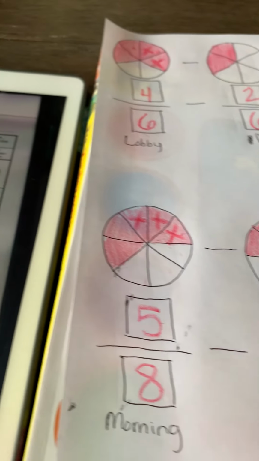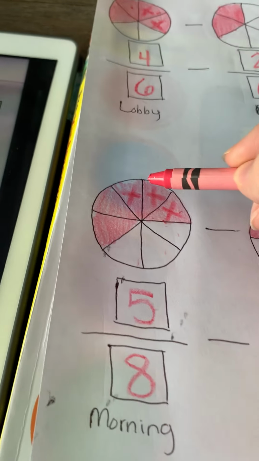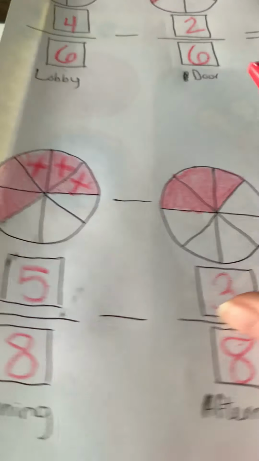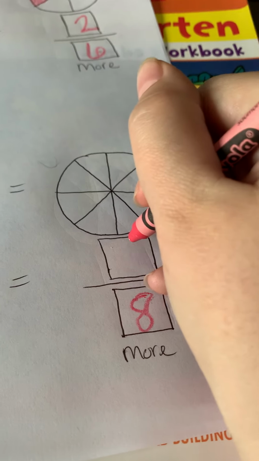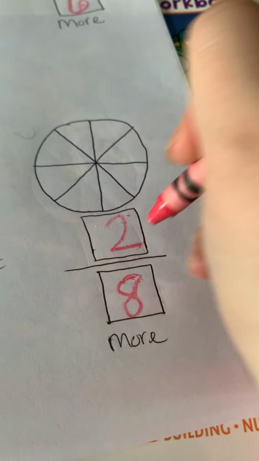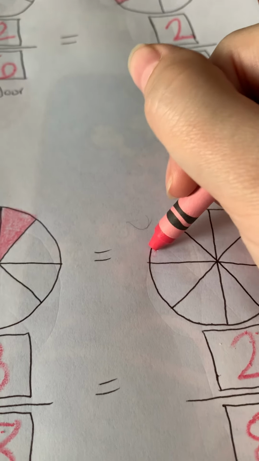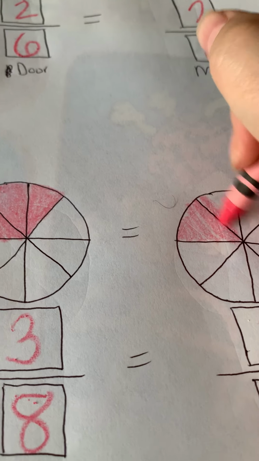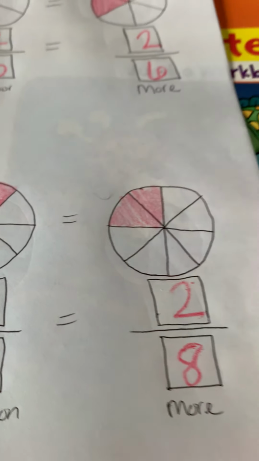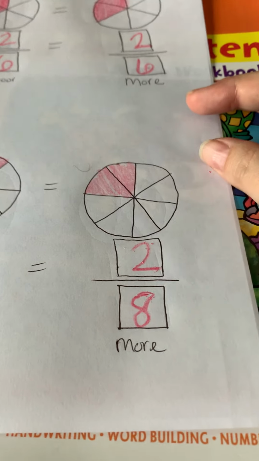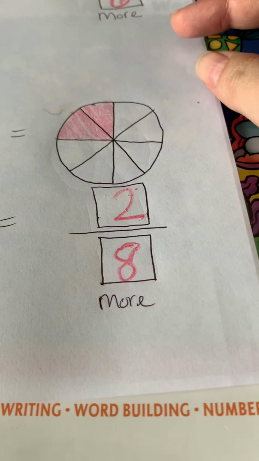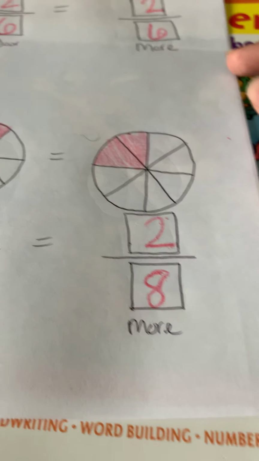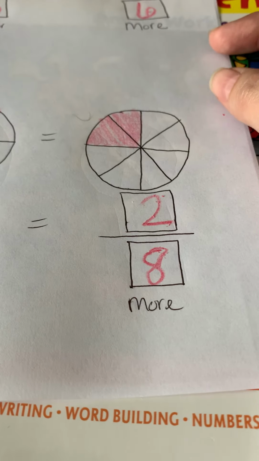And now we have to count the ones that do not have an X on them. So 1, 2. So we're going to bring over our 2, and we're going to shade in our 2. 1, 2. Okay, so he filled 2 more coin wrappers in the morning than he did in the afternoon.